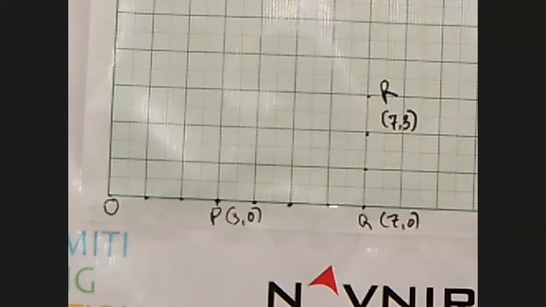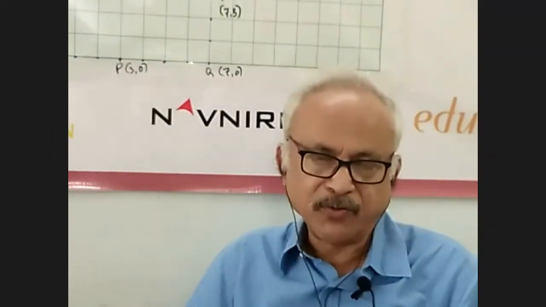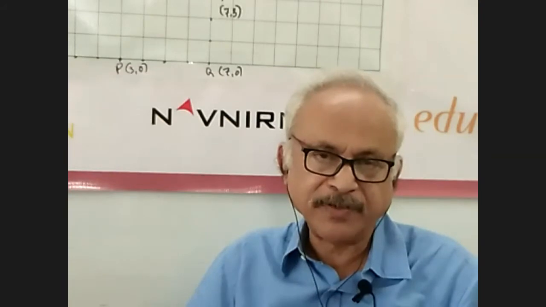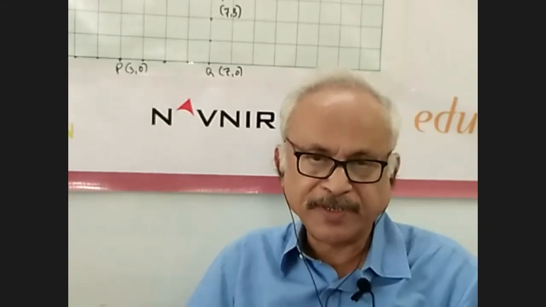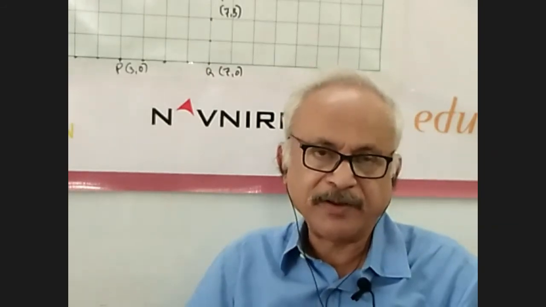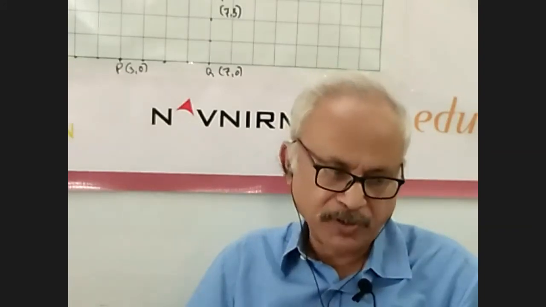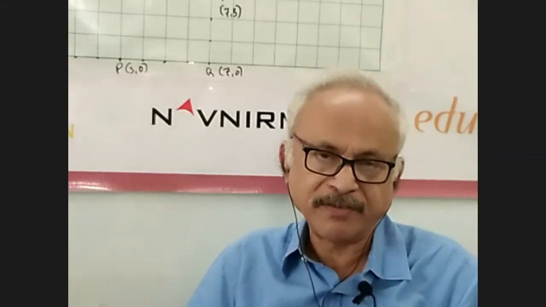To reach Q from O, we take 7 steps to the right and no steps upwards. That is why the coordinates are 7, 0. And to reach R from O, we have to take 7 steps to the right and 3 steps upwards. That is why the coordinates of R are 7 and 3.